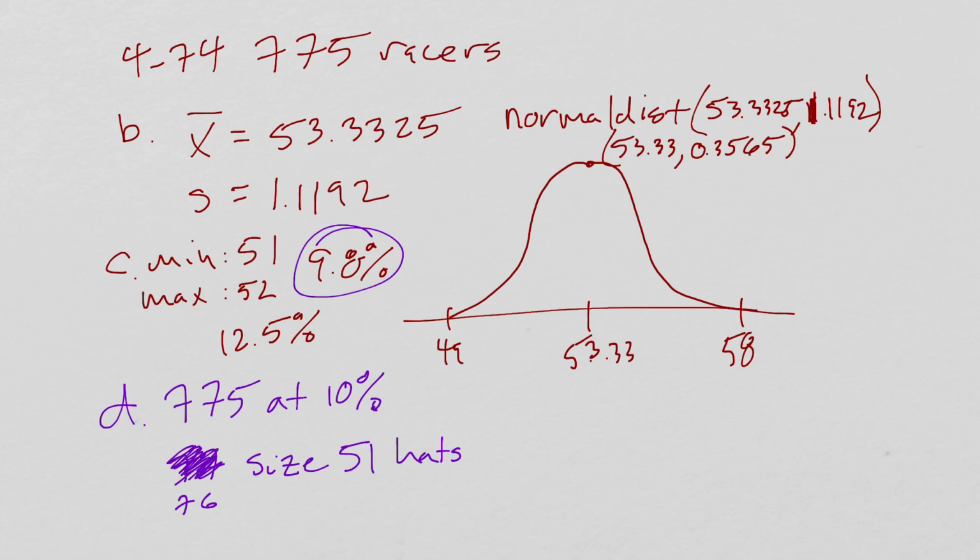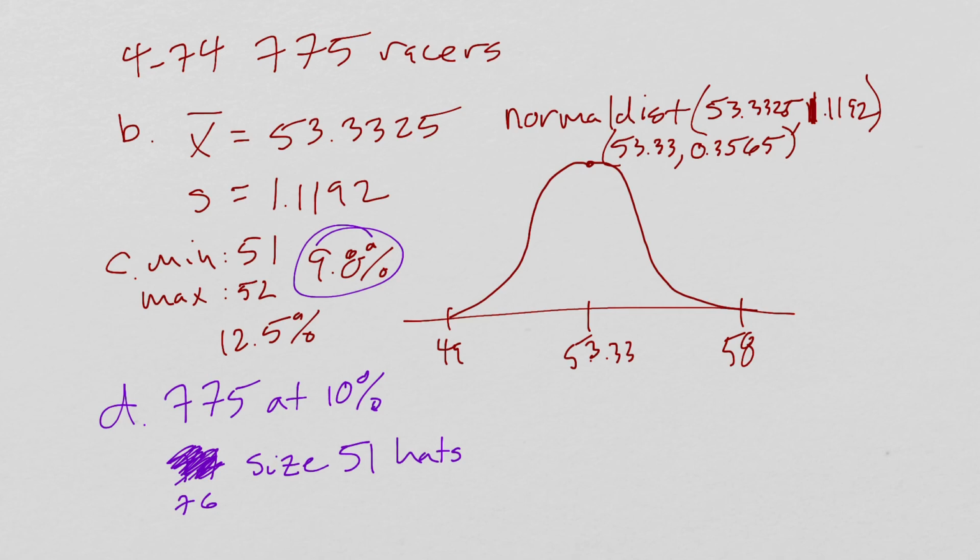So that's part D. We use our percentage to help us find those real world numbers from our normal distribution curve. Okay. How many hat sizes smaller than 51 are we going to have?